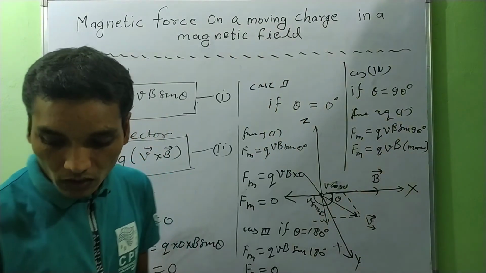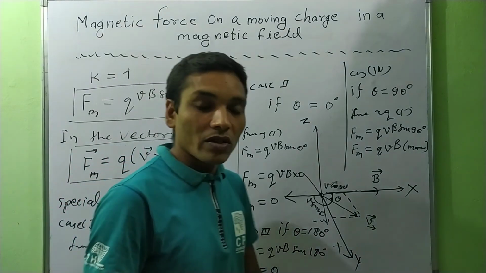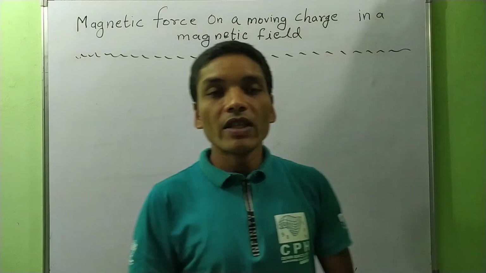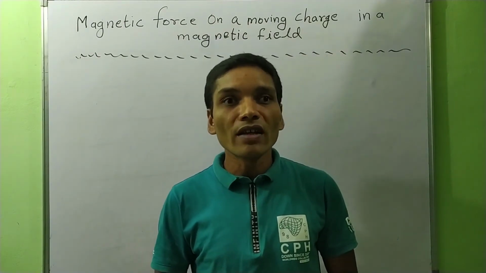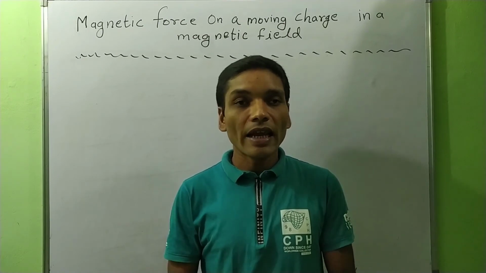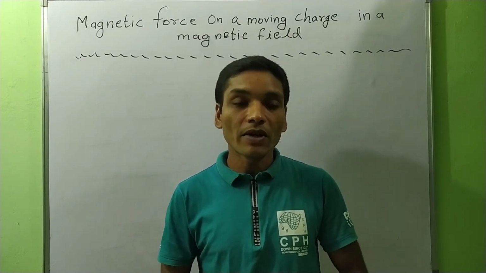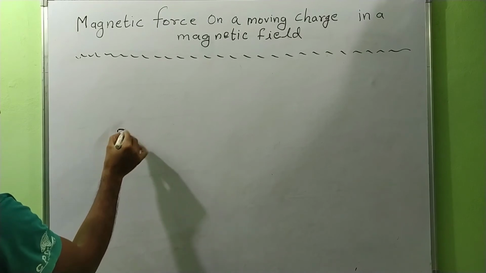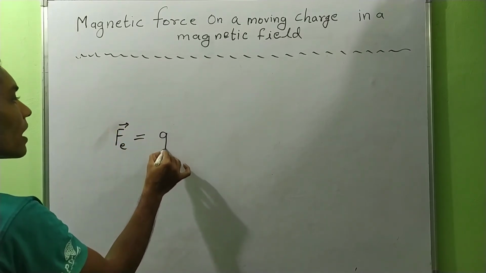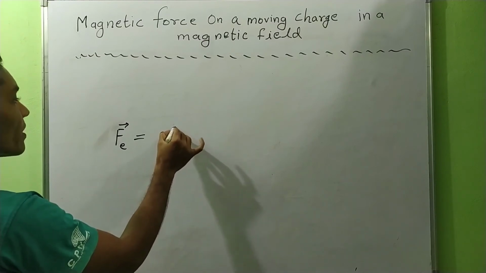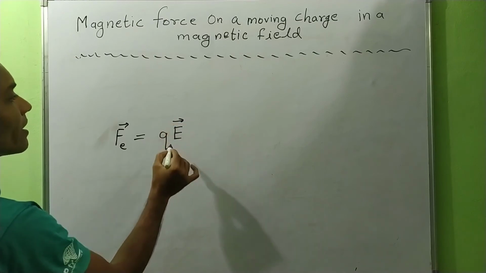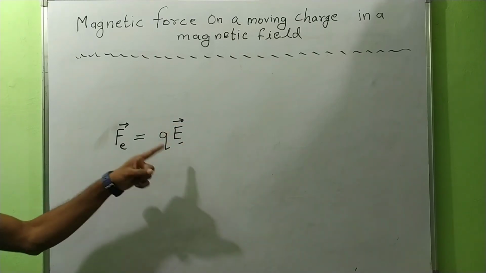Now we will discuss the Lorentz force. What is the Lorentz force? If the charged particle is moving in a region where both electric field and magnetic field are present, the electric force on the charged particle of charge q will be vector Fe equal to q vector E, where E is the electric field.